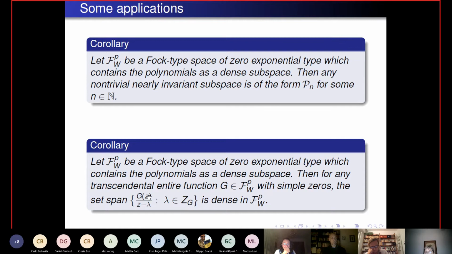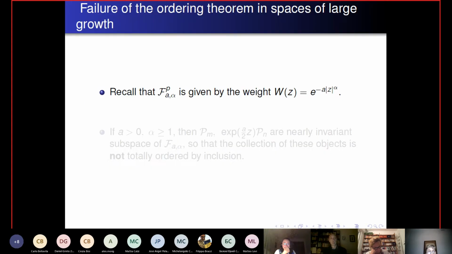Well, I hope it's clear that this has nothing to do with polynomials, but it will be nearly invariant if you close it. Yet, it has nothing to do with polynomials, but then it must be the whole space. Again, because of the ordering theorem. So any transcendental function, if you divide out its zeros, do the span, and you can approximate any function in the space that way. Okay.